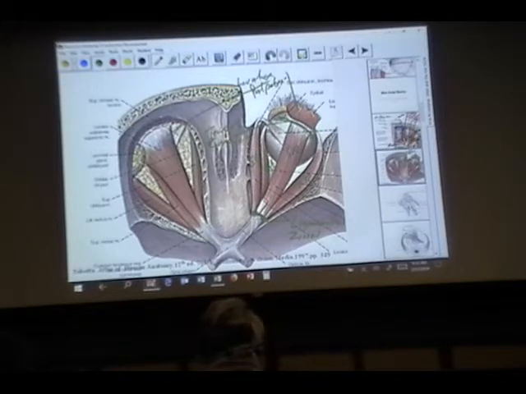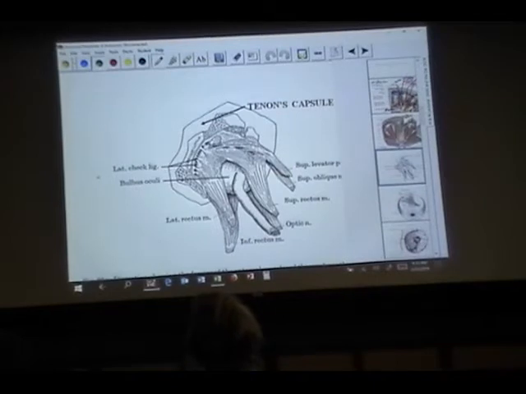So the eyeball is anchored in the front. Tenon's capsule doesn't mean that it can't move, but we don't want it to be pulled back too far, or pushed out. So this is an example.